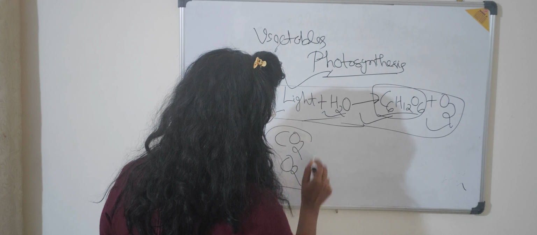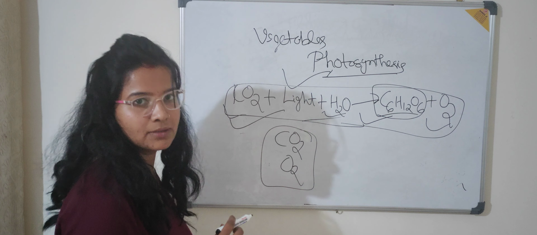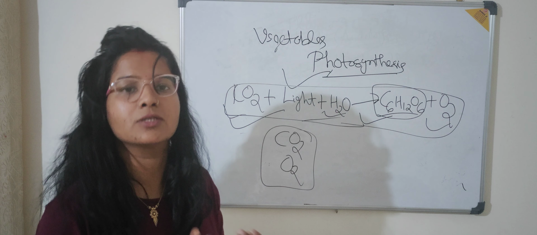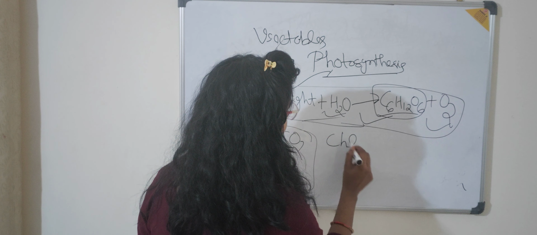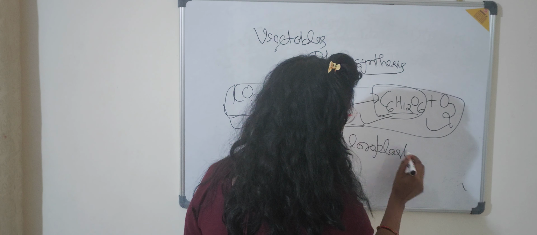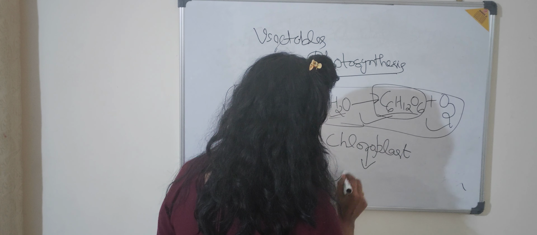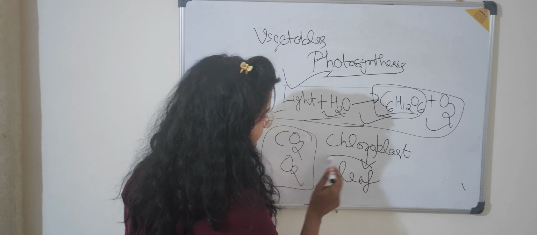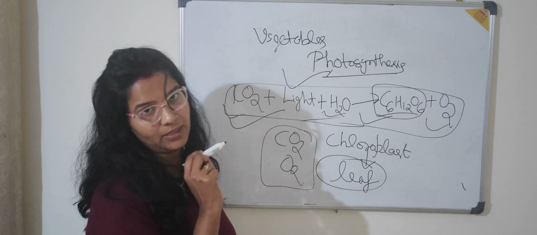Okay? So photosynthesis takes place in chloroplast. What is chloroplast? Chloroplast is a structure which is found in leaf. So here we can say leaf is a food factory for plants.